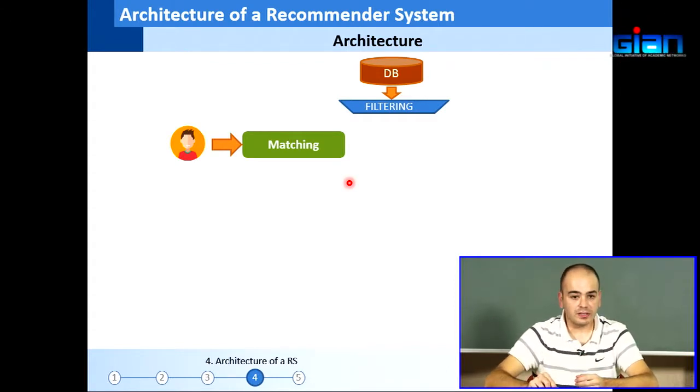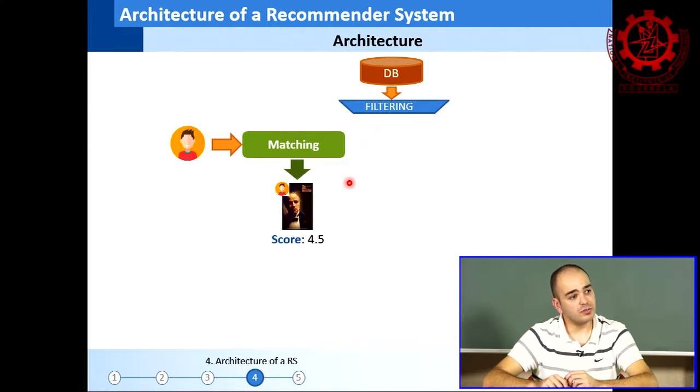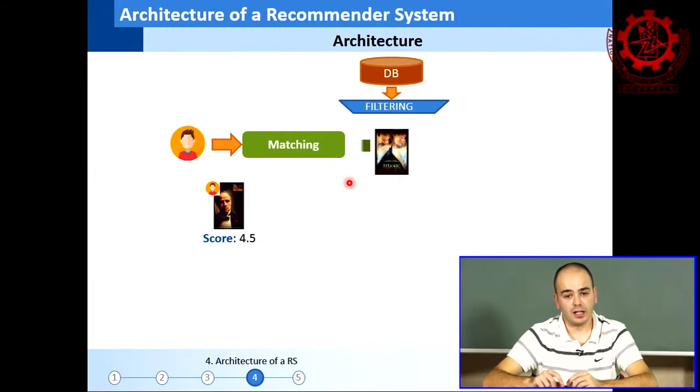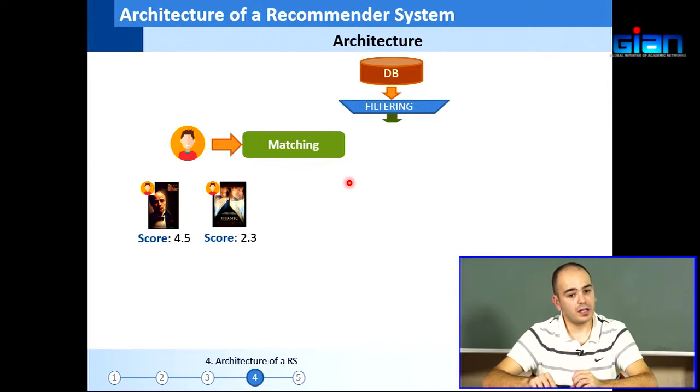We have a database, we have a user, and we have a process called the matching function, which scores a value for the user to this item, indicating how much the user likes this item. So what we do is to obtain all the items in the database and calculate the matching function for the user to obtain the score of each item for the user.